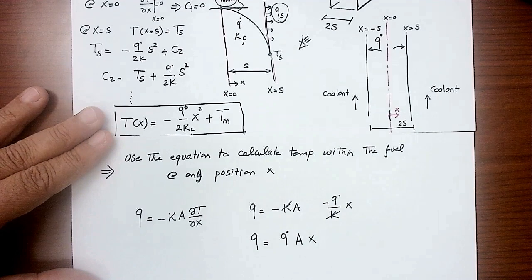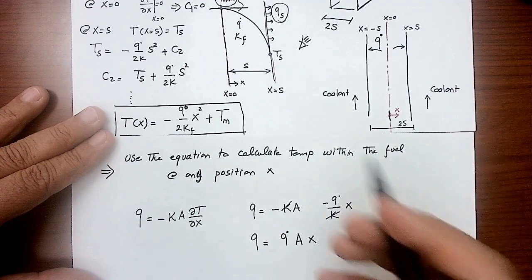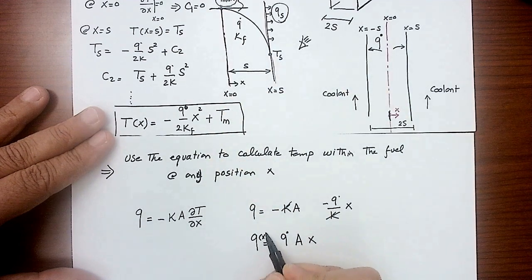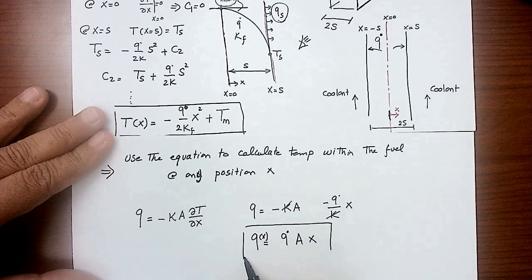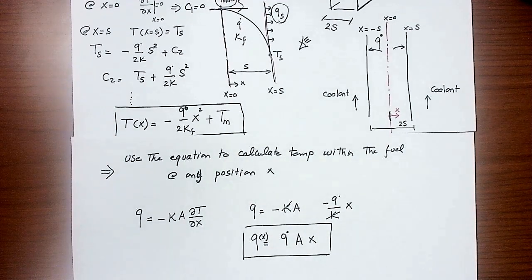What? Q is no longer constant within the fuel. Now Q is also a function of X. And that's why the problem is complicated. I cannot have a thermal resistance to replace that nuclear fuel because in one single thermal resistance, that current should be constant.